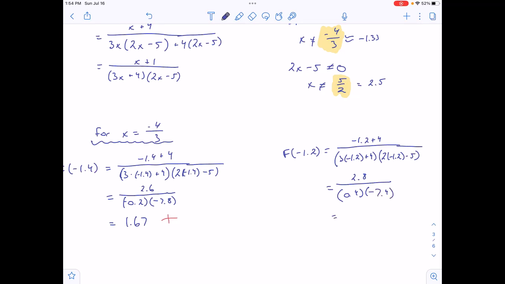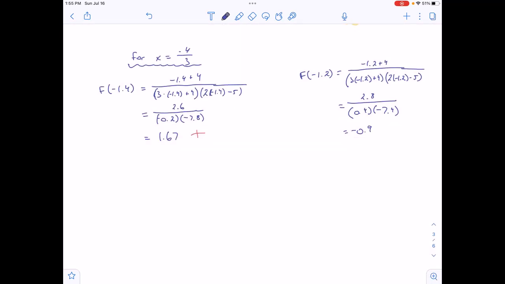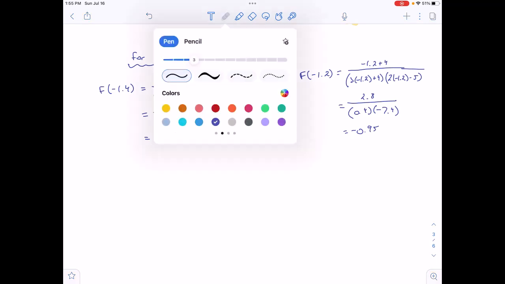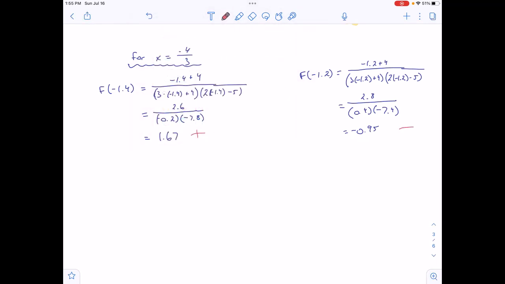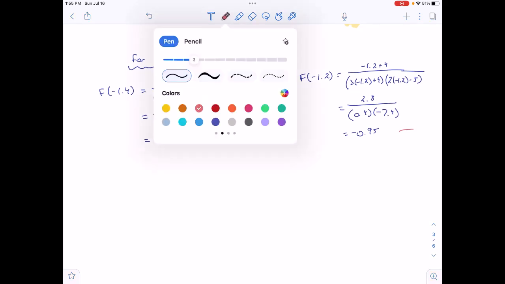So this is going to be a negative number because we've only got one negative at the end of the day. So we'll go 2.8 divided by 0.4 times negative 7.4, which is, I got negative 0.95. And so this is negative at the end of the day. It's going negative. All right, this is just our first asymptote, so now we need to check the other.